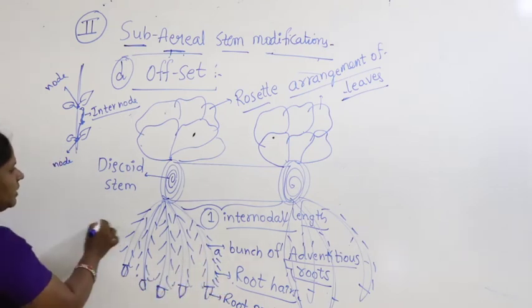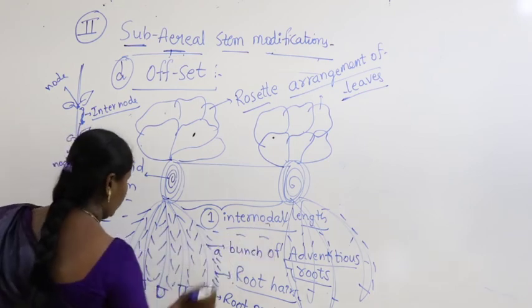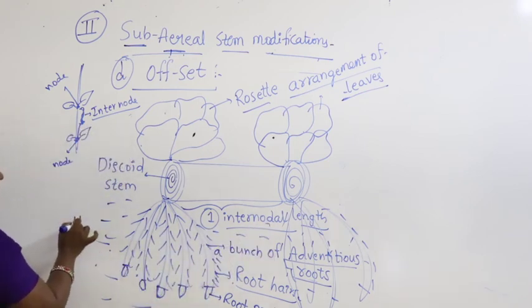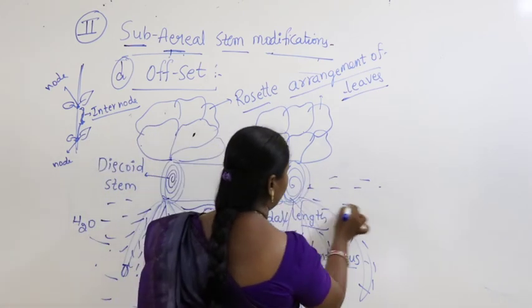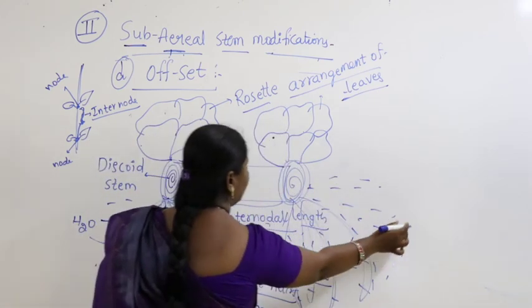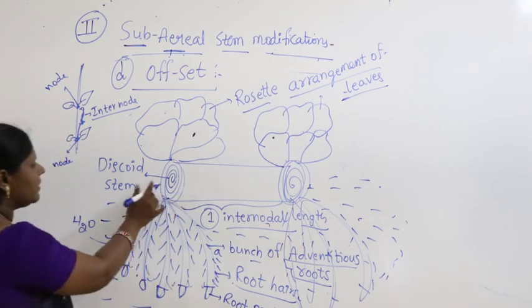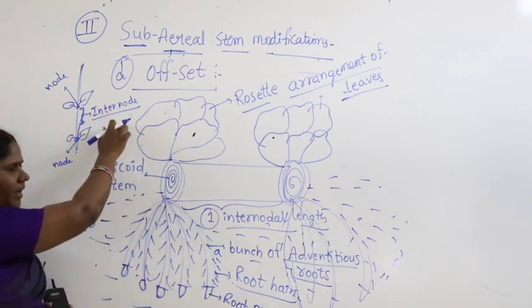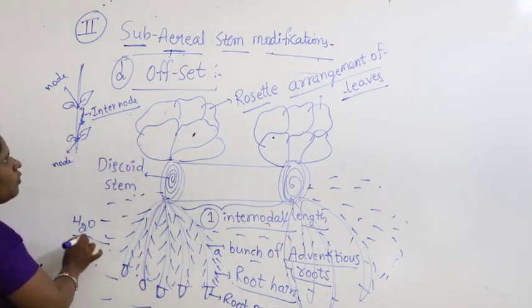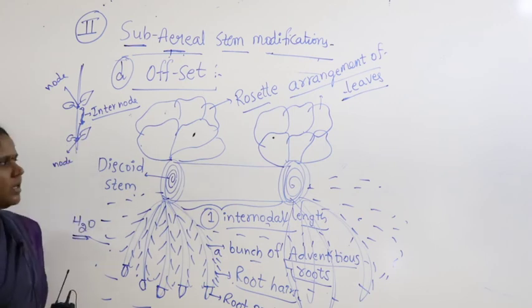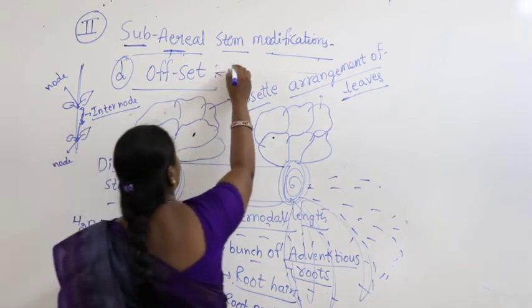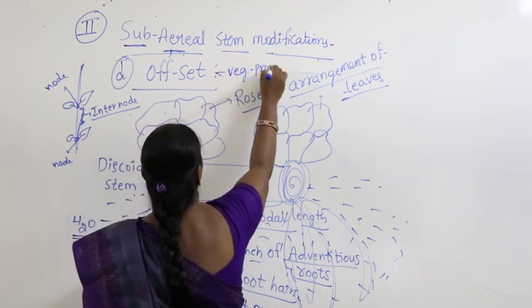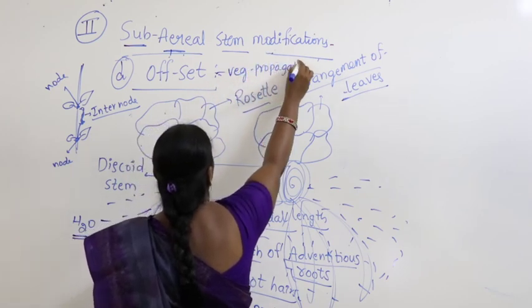Where are they present? They are present in water. That's why they are partly aerial, partly underground. Half of the stem is in air, half of the stem is in water. This is offset. If you cut any part, that also helps in vegetative propagation.